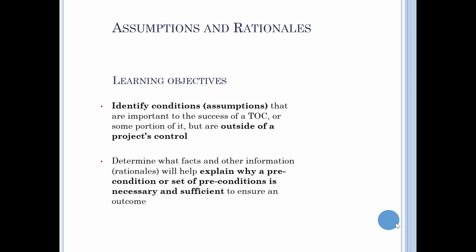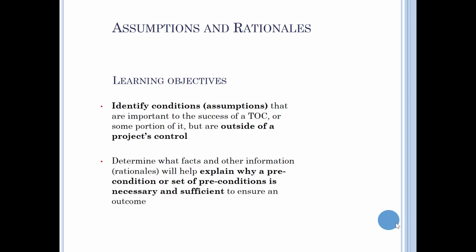These conditions or assumptions are issues that are outside of the project's control. The project has no power on changing them, but expects that somehow they are not a risk that constrains the project flow.